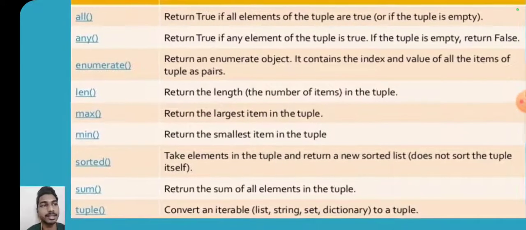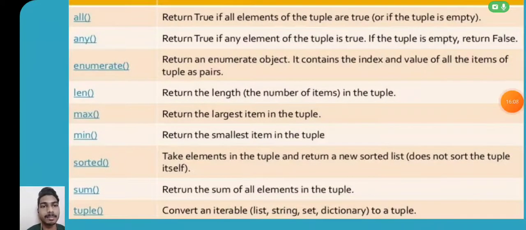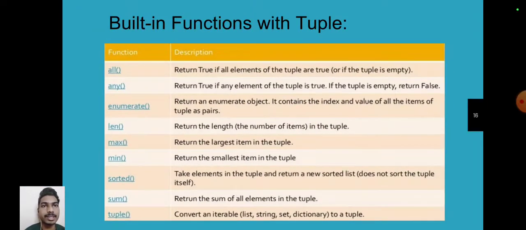Next is sum(). It returns the sum of all the elements in the given tuple. Next one, tuple(), converts an iterable, maybe a list, string, set, or dictionary, any type of iterable object, to a tuple. So these are the built-in functions with the tuple.